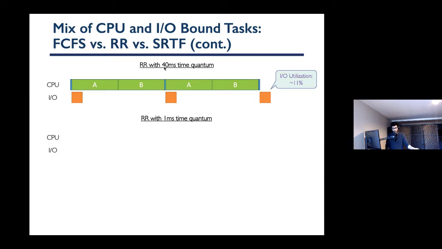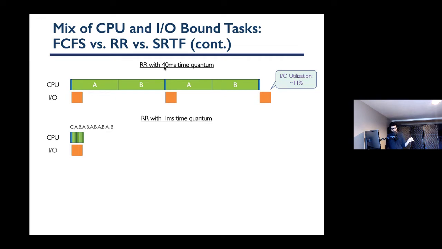Now let's reduce the length of the time quantum to 1 millisecond, which is precisely the CPU burst of C. Now C runs, then goes for I/O. While it's going for I/O, A and B context switch.